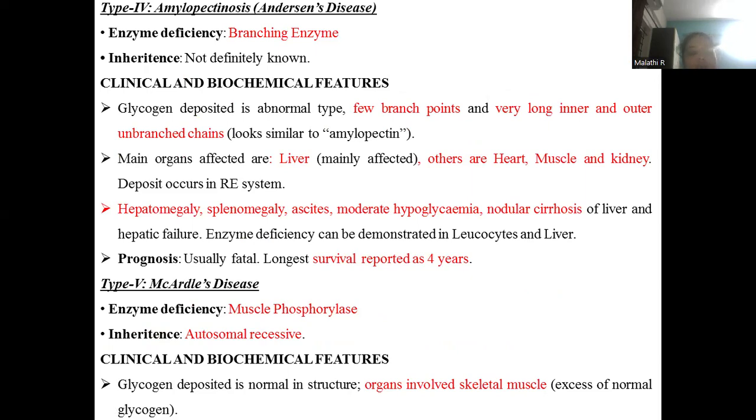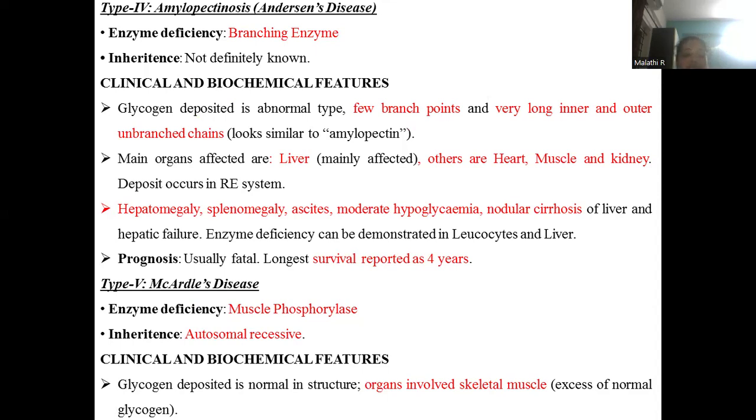Deposit occurs in the rough endoplasmic reticulum. Hepatomegaly, splenomegaly, ascites, moderate hypoglycemia, nodular cirrhosis of the liver, and hepatic failure occur. Enzyme deficiency can be demonstrated in leukocytes as well as liver. The prognosis is usually fatal, with the longest survival reported as 4 years.